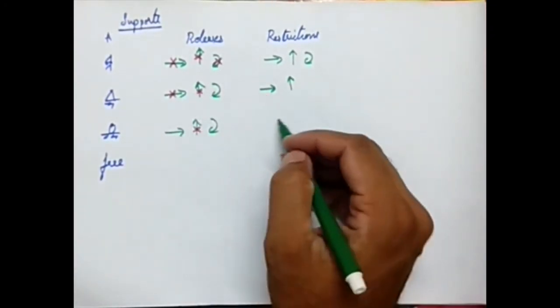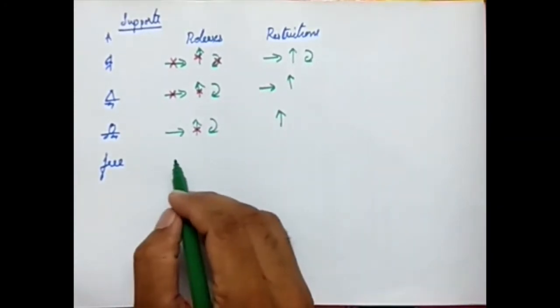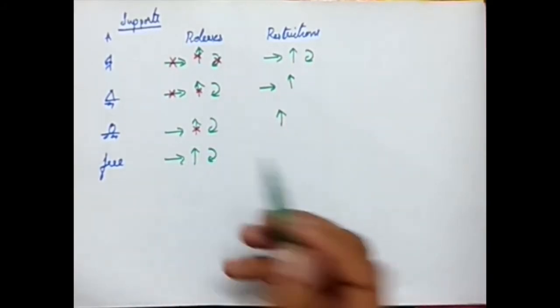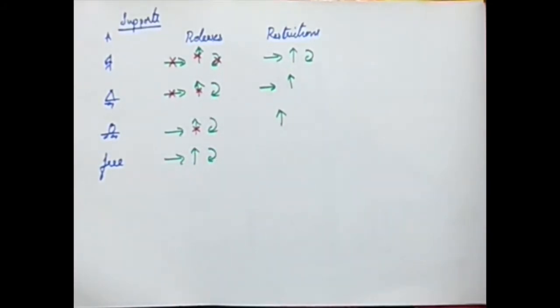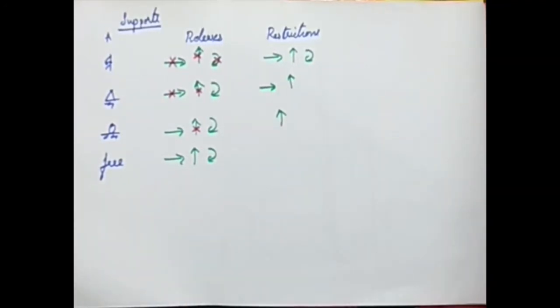So among the restrictions, you are going to find only this. And in case of a free support, the boundary condition says, for example, a free end of a cantilever beam, it can move in all the directions. Everything is released and there is nothing in the restriction zone. So this is basically what is meant by the different support conditions.